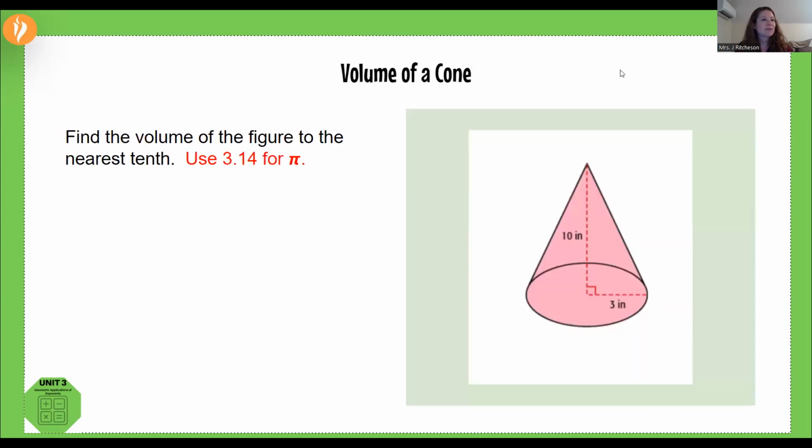All righty. So let's look at this one. So we're going to use our formula 1/3 times pi times our radius squared times our height. Well, 1/3 of pi times 3 squared times 10.